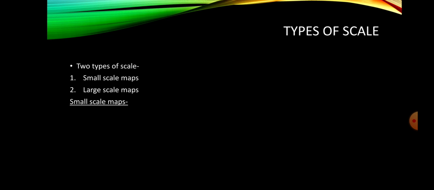Now, types of scale. There are two types of scale we will find on maps: small scale maps and large scale maps. Let us study small scale maps first.